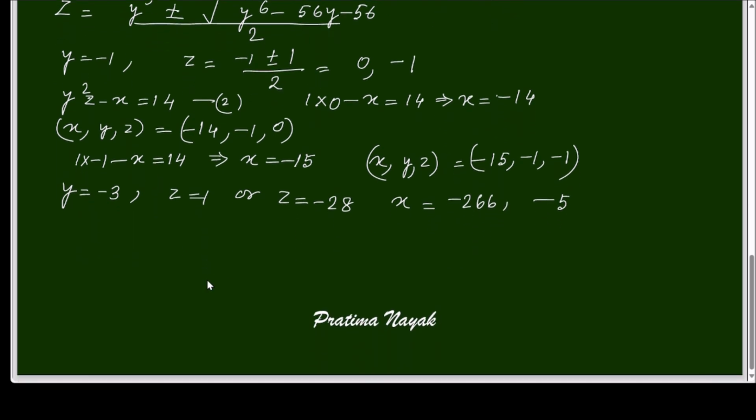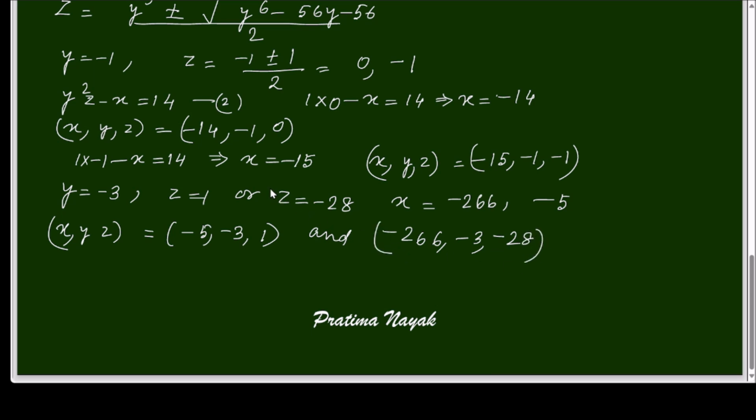So the other two pairs will be xyz equals minus 5, minus 3, 1, and minus 26, minus 3, minus 28.